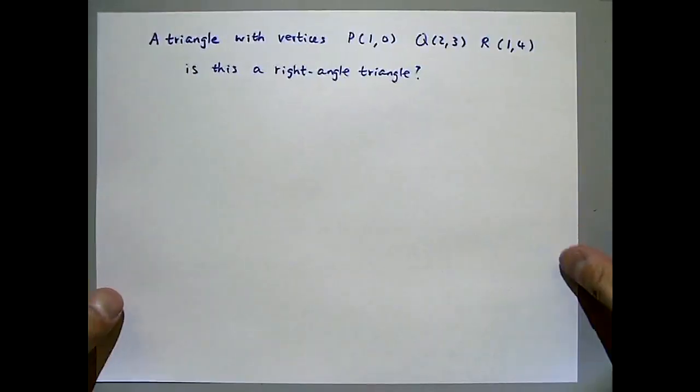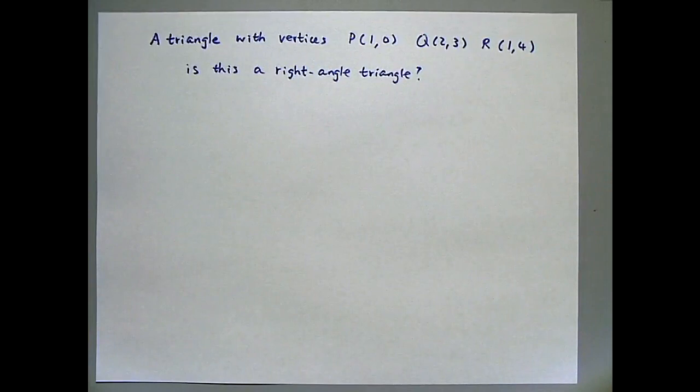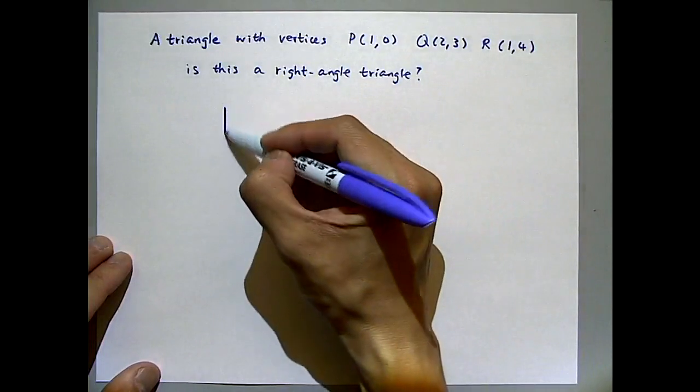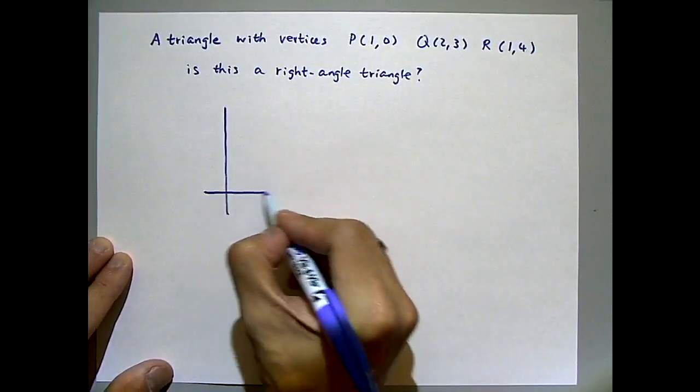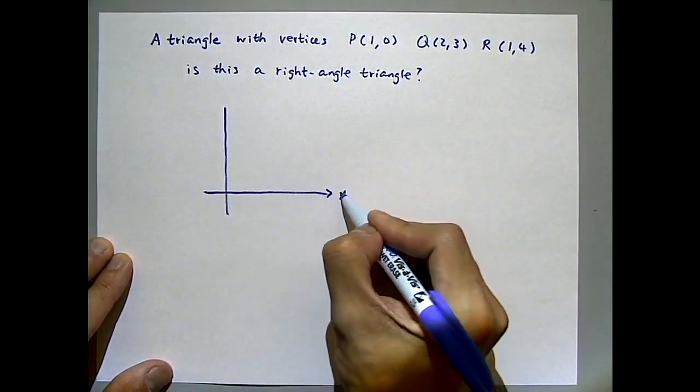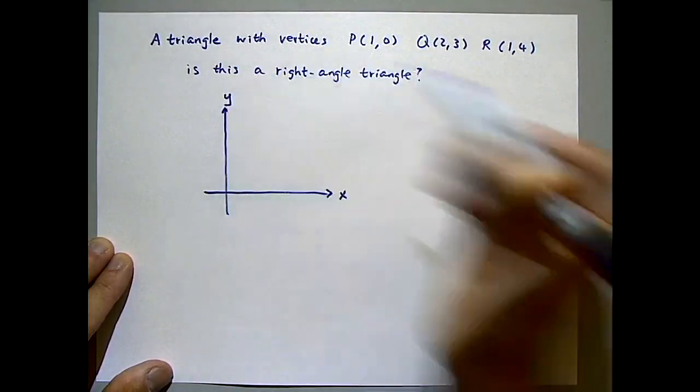We can use the idea of a dot product to figure out if this triangle is a right-angled triangle. Now, if you sketch this out, it'll be very obvious why what we're about to do works.